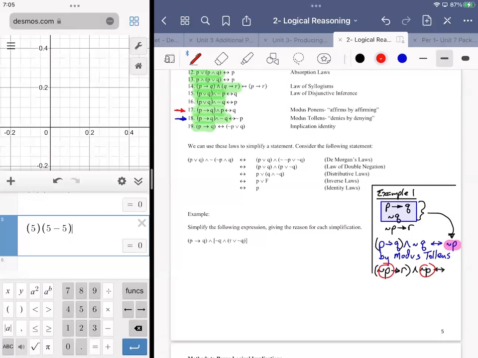So that would tell us that this is R, it's equivalent to R, and that would be by modus ponens. Right? That's the affirms by affirming, or modus ponens is denies by denying. Yeah, that's a weirder one. I think the affirms by affirming makes more sense. But they're both logical laws, so they both work out.